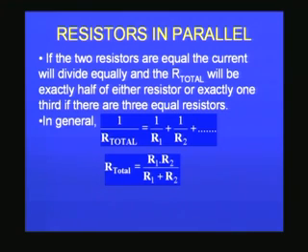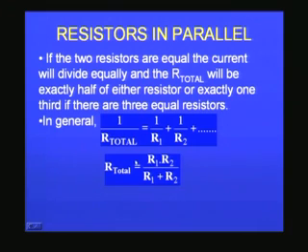In general the formula is given by 1 by R total is equal to 1 by R1 plus 1 by R2 plus etc., depending upon how many resistors you connect in parallel.